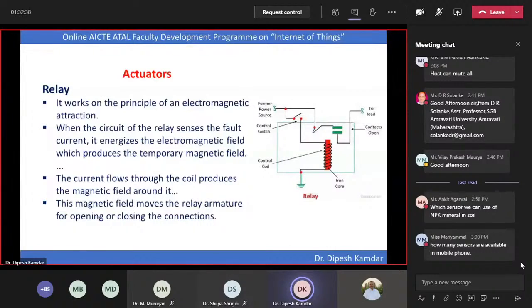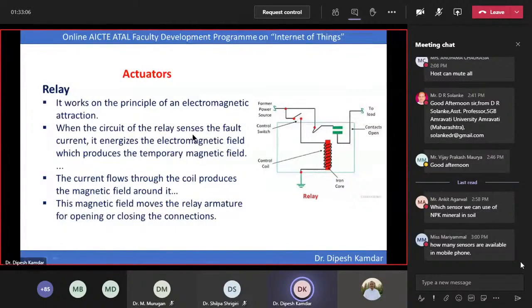This magnetic field attracts the switch and it turns on. Once no current is passing through the coil, it goes back through the internal spring action. The spring pulls it off and the connection is lost. So it is turned on and off by passing current through this relay.